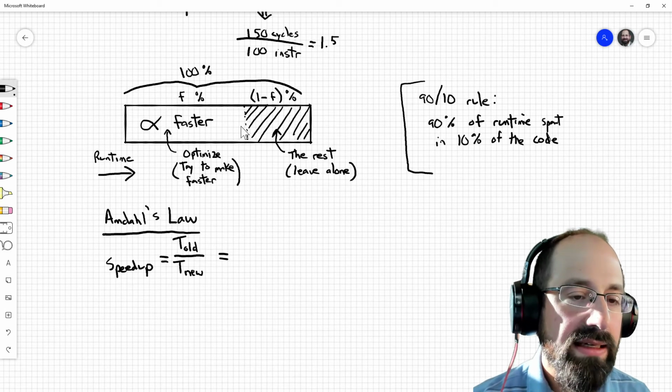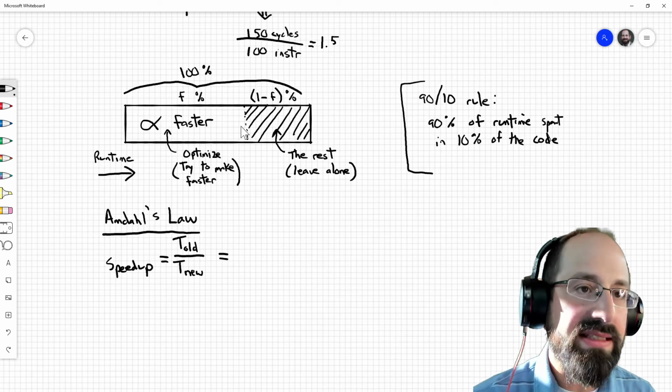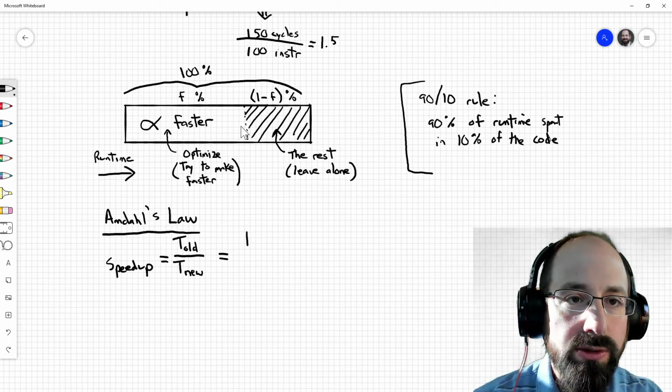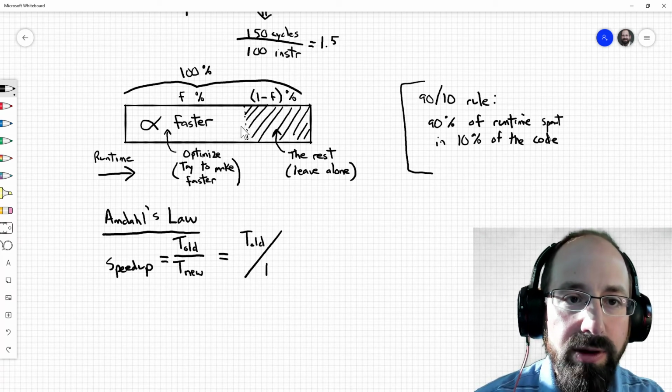That is the T old, right? And in terms of what that's going to be, okay, so we still have T old here, and we can make T new faster, right? But T new is still going to be a function of T old, and it's going to be based on how much we can speed up.